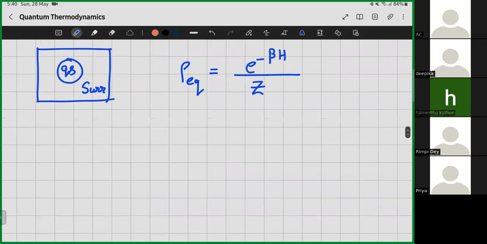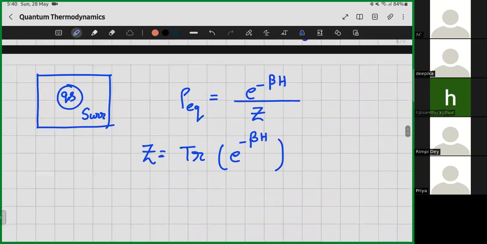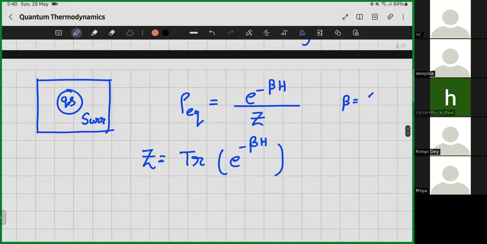We are considering the canonical ensemble. That means only the energy can be exchanged. So Z is defined as the trace over e to the power minus beta H. Here beta is 1 by kBT, the inverse temperature. This is important: this temperature is the temperature of the surroundings, not of the quantum system.